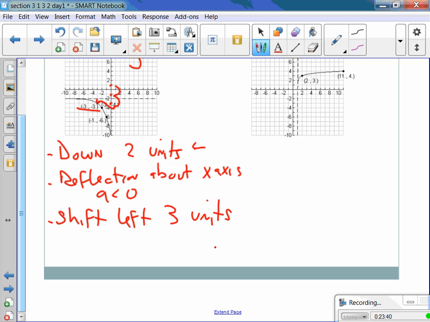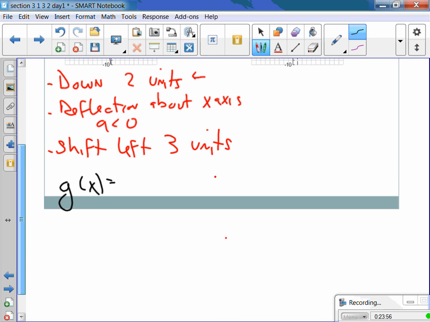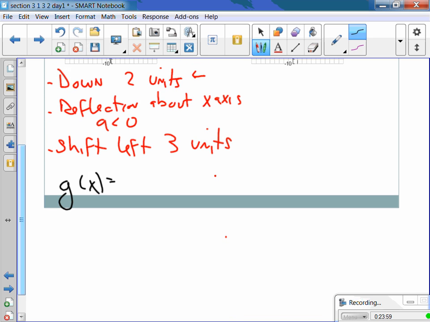So, having all this, what is the equation of my function now? What's that? Why do you start with 2 to the x? That's what I gave you. You're always going to start off with 2 to the x, unless otherwise stated.